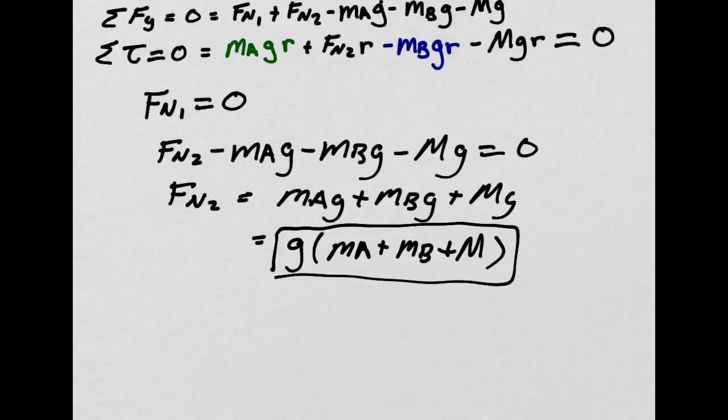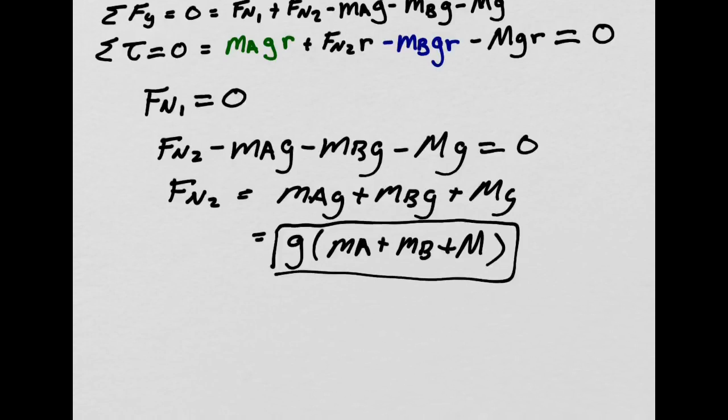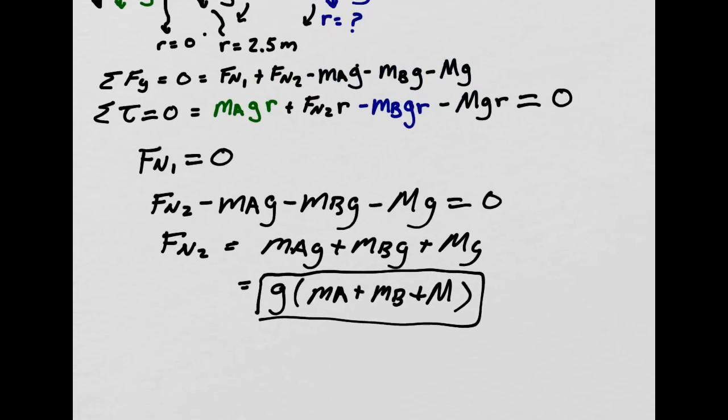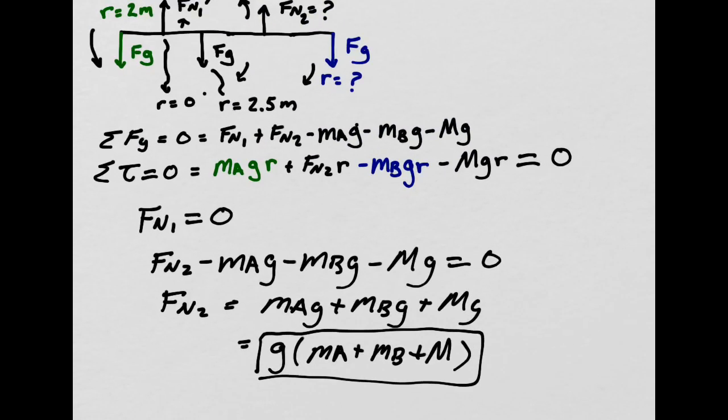If we go to our torque equation, we want to solve for the blue R. Ma is given, this person weighs 50 kilograms. Mb is 90 kilograms.